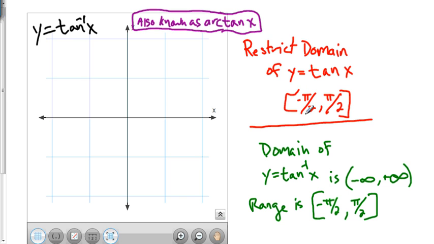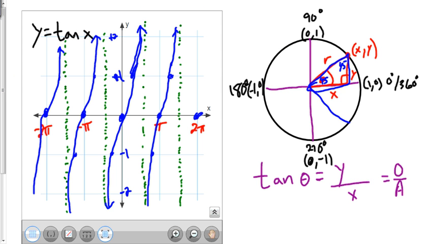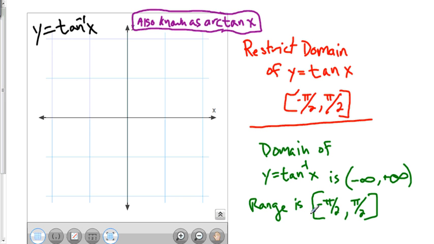So we restrict it, and in this case, let me go back here. We are going to look at the values from negative pi over 2, which is this asymptote, and pi over 2. And that's this asymptote right here. So we're looking in between those two. Okay, and so that's going to become the range, and I'm going to write that in our new function.